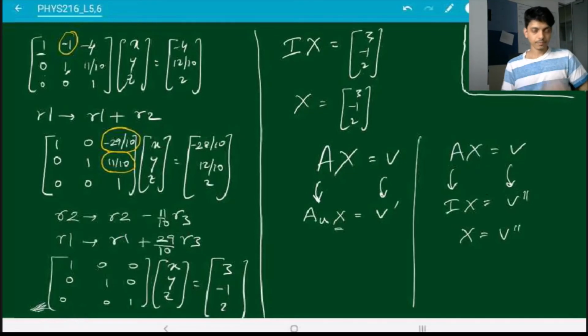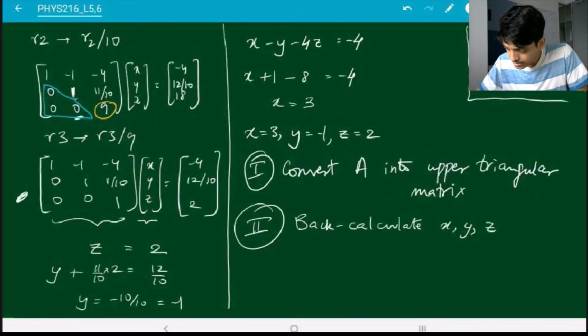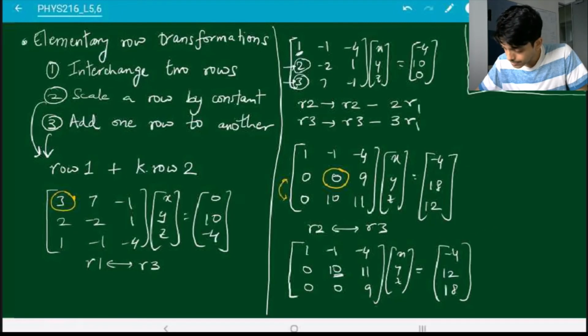So calculating by hand numerically, this is how you would go about solving these kinds of linear equations simultaneously. So what can we do now numerically? Let's go back and try to generalize these steps a little bit.